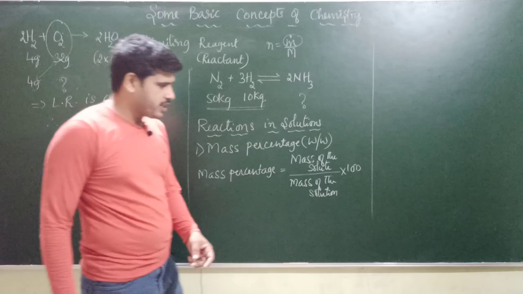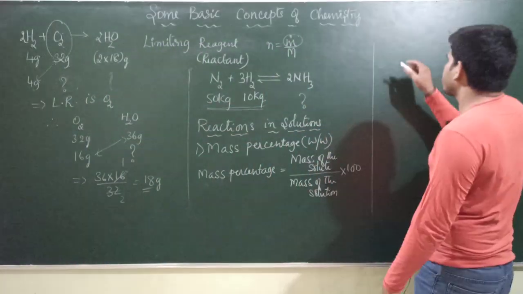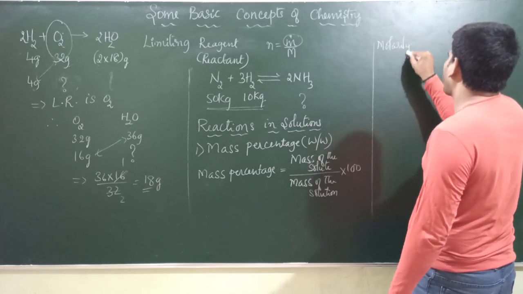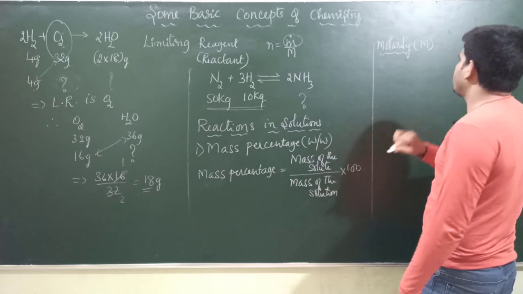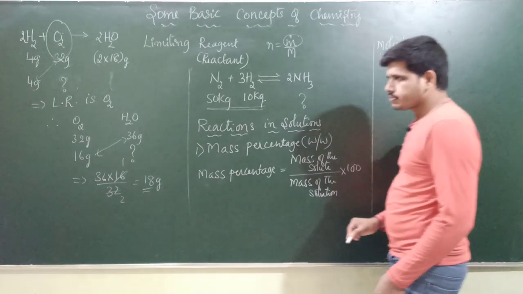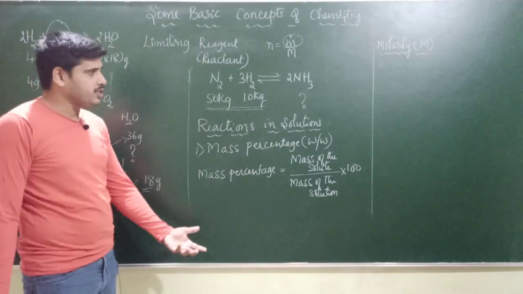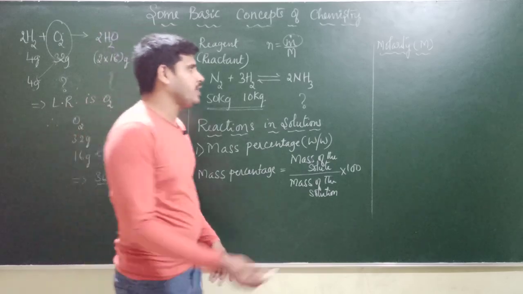The second one, which is more important, is molarity, denoted by capital letter M. What is molarity? It is also a unit of concentration. How to write the molarity expression or formula? Let me write it.